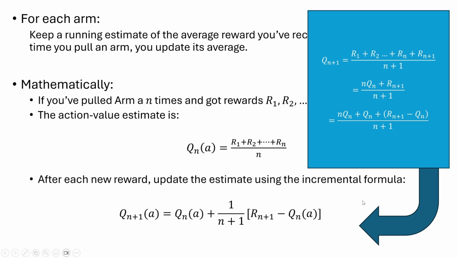This form is better looking and more efficient, so we don't have to maintain a list of all the rewards that we have got so far. Here you can see the term 1 divided by n plus 1 acts as a step size parameter, and over time this value decreases, so we give less and less importance to the newer rewards. Initially n is low, so the weight given to the term Rn+1 minus Qn is higher, so it would produce a greater change in our estimate of Qn.